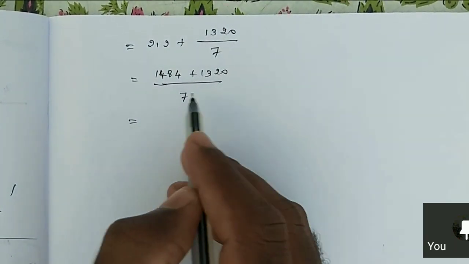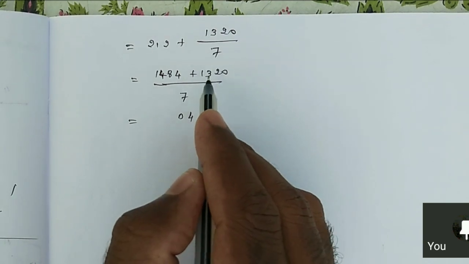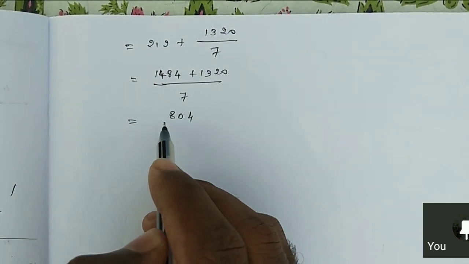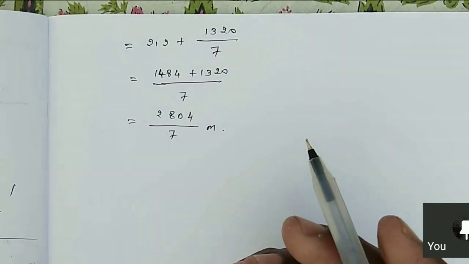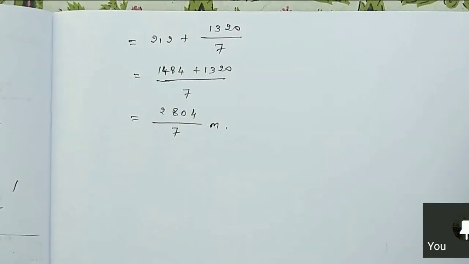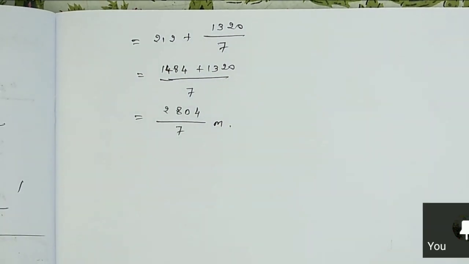Clear? Now we should add these two values. 4, 10, 0 remaining 1, 4 plus 4, 8, so 2804 divided by 7 meters. Clear? Any doubt? Are you all clear in this problem? So first question over.